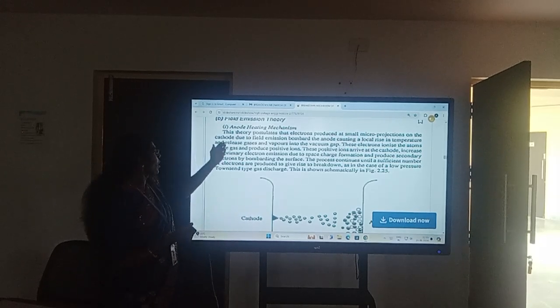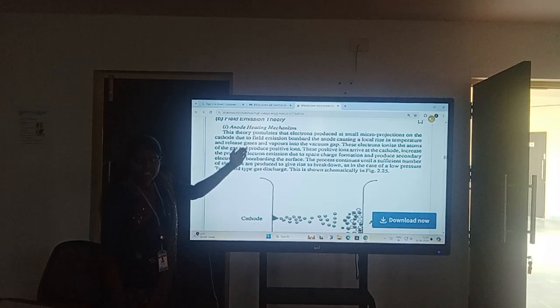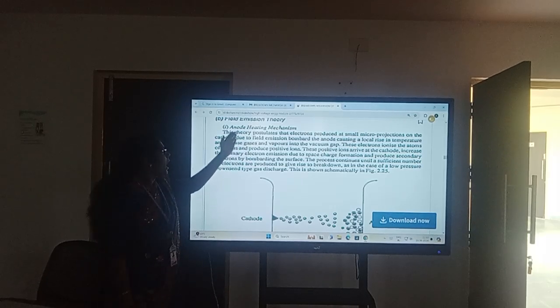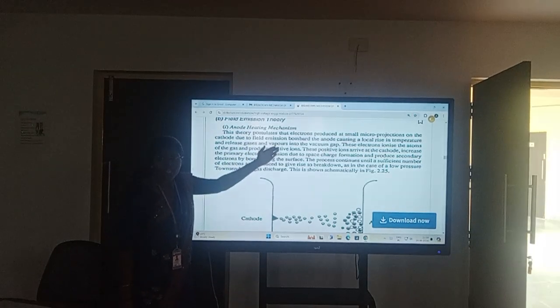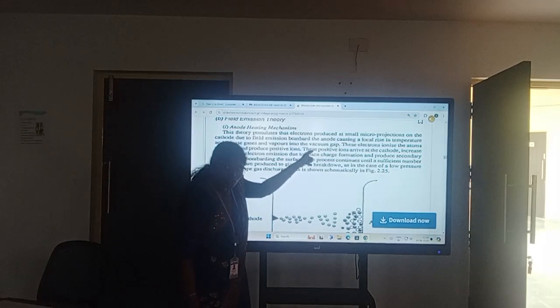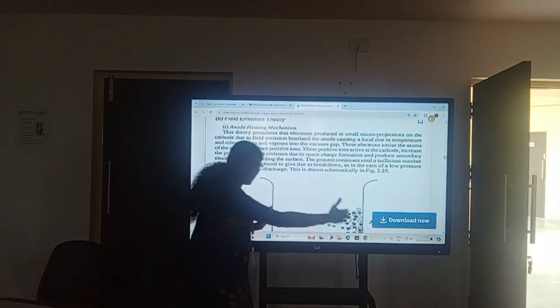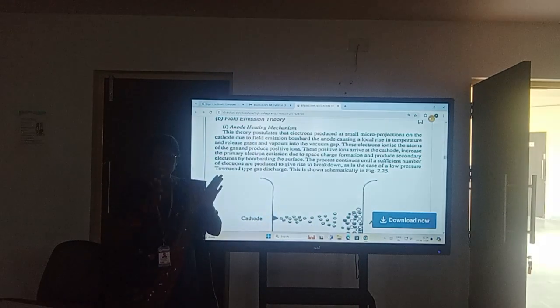Under that condition, it produces a gas and some vapors into the vacuum gap, which is present between the anode and the cathode. So the anode and the cathode are separated, and that creates a vacuum space.